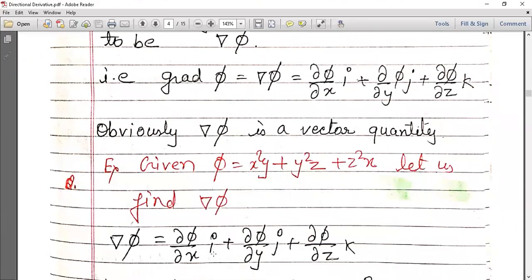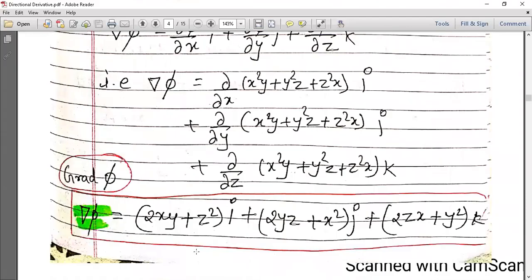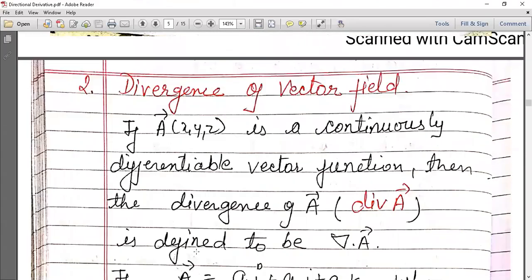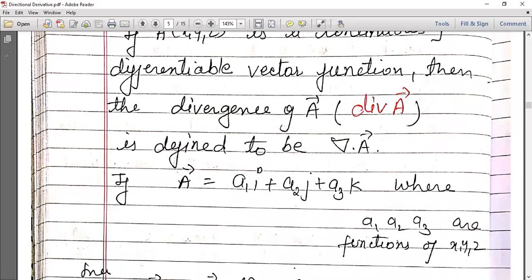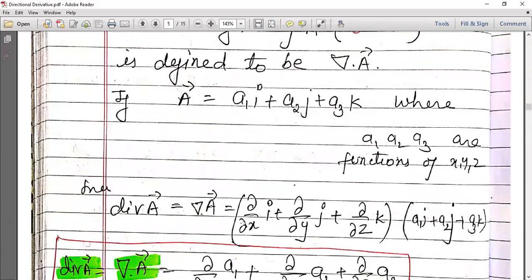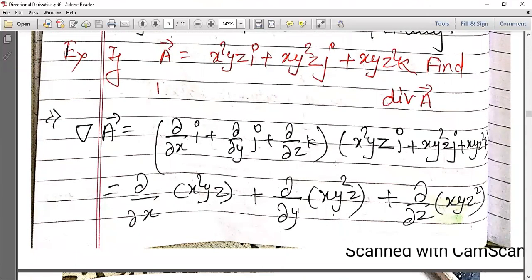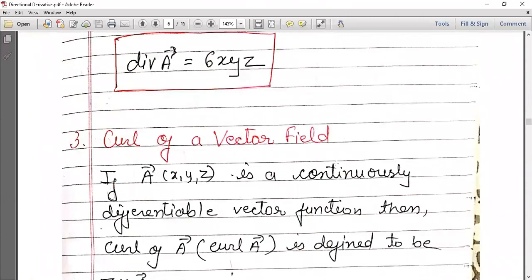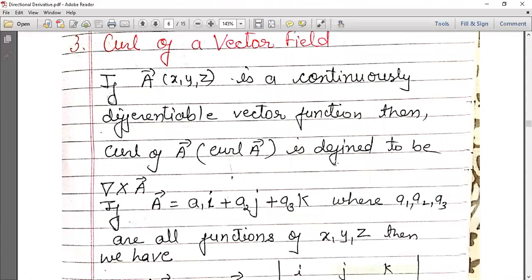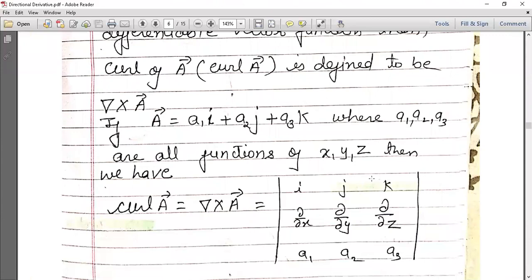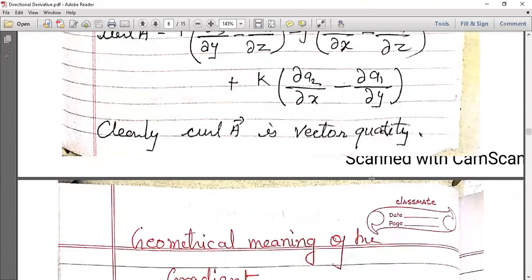Divergence is defined for a vector field and applied as a dot product, which gives us a scalar quantity. Next, very important, is curl for the vector field. When we apply the cross product with a vector, we use a determinant and then find the curl.